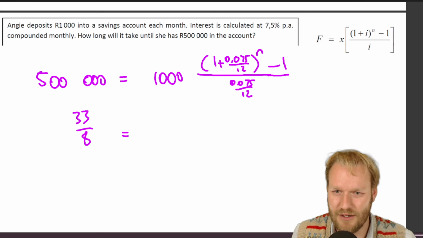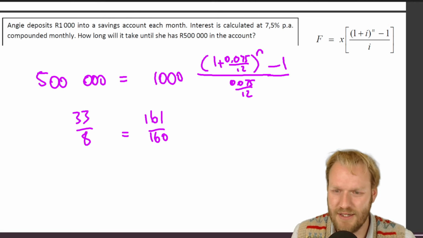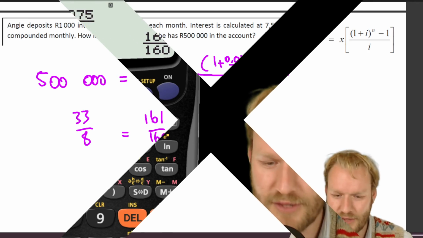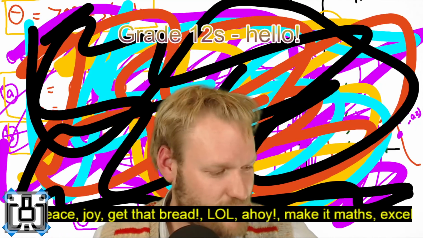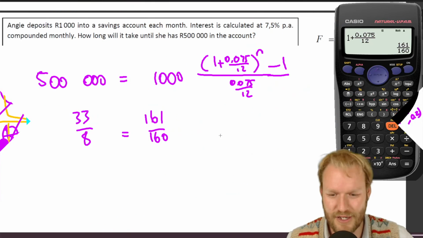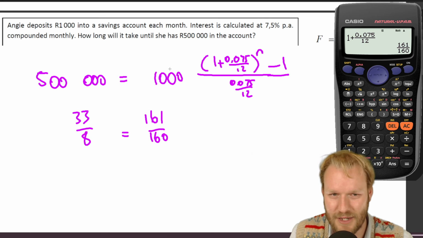Might as well work that out. 1 plus 0.075 over 12, 161 over 160, I think it says. Oh, right, wrong buttons. Okay, so I was just working through this in the calculator. 500,000 divided by 1,000.